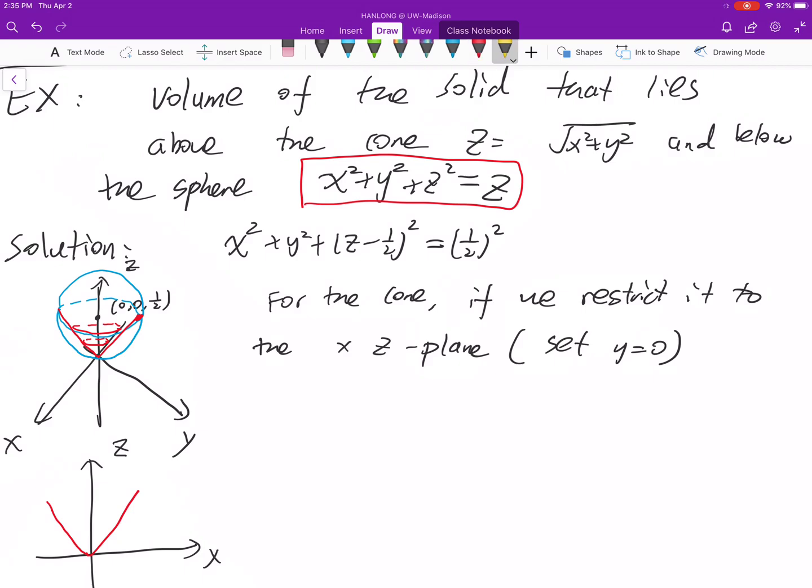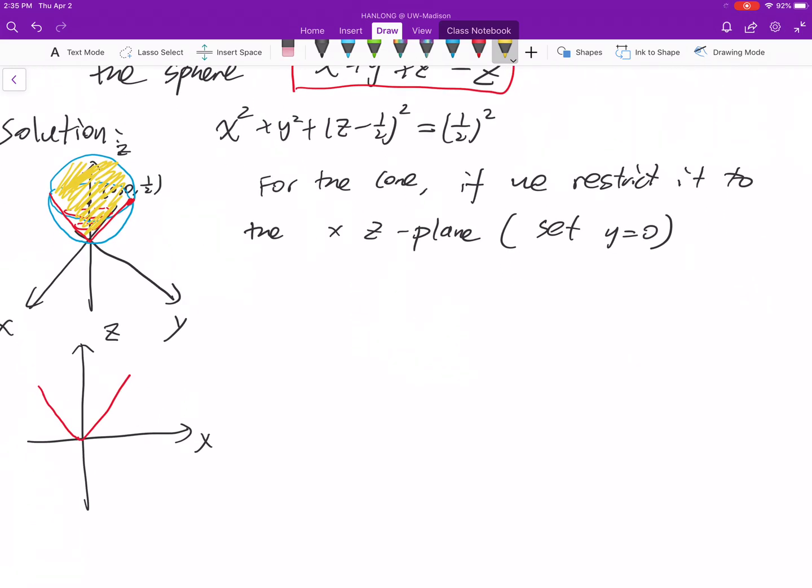And by definition, the solid we're interested in is below the green part and above the red part. Now let's denote this solid as E.